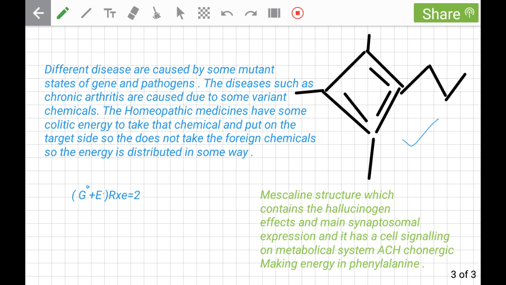So CCL2 is the main thing which is found in it. It is a gene expression. So it is the whole structure which I have designed here.